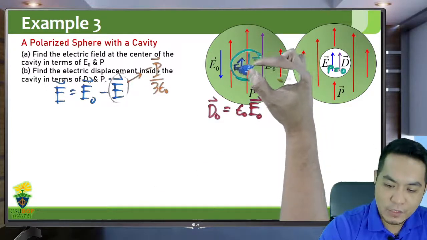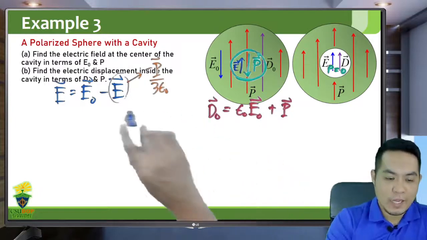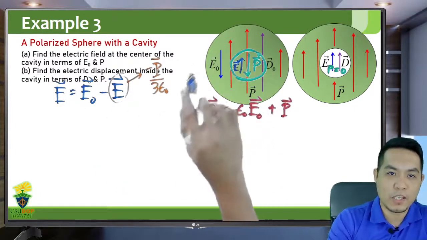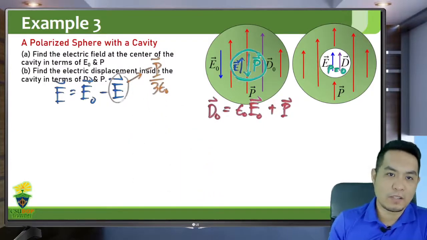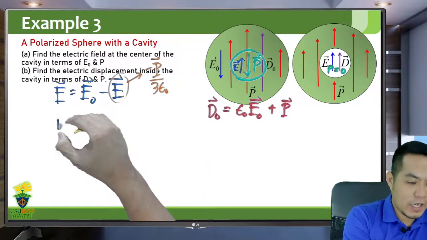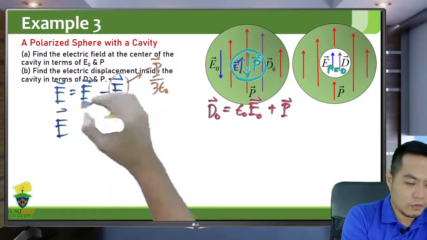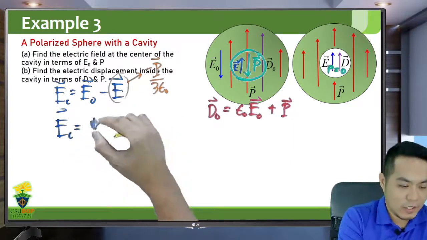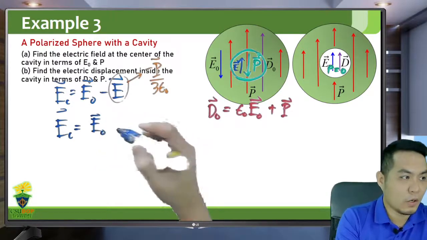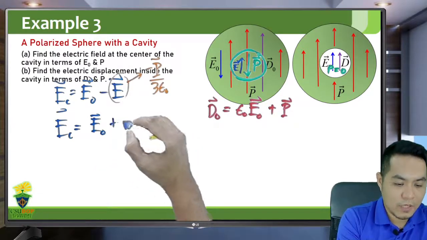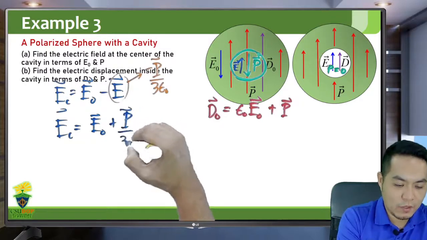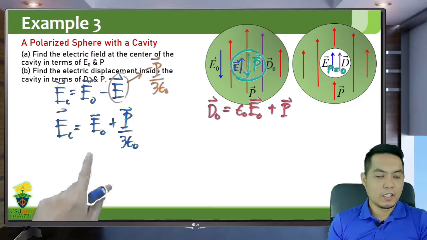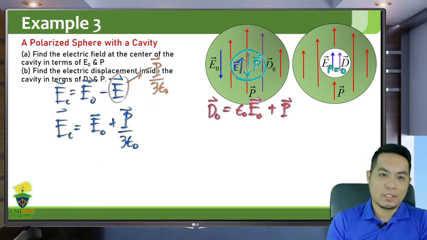And the original electric field is directed downwards because it's opposite the polarization. It's negative P over 3 epsilon naught. So the electric field at the cavity is just E naught, the original electric field, plus the polarization over 3 epsilon naught. So that's it. That is the electric field at the cavity.